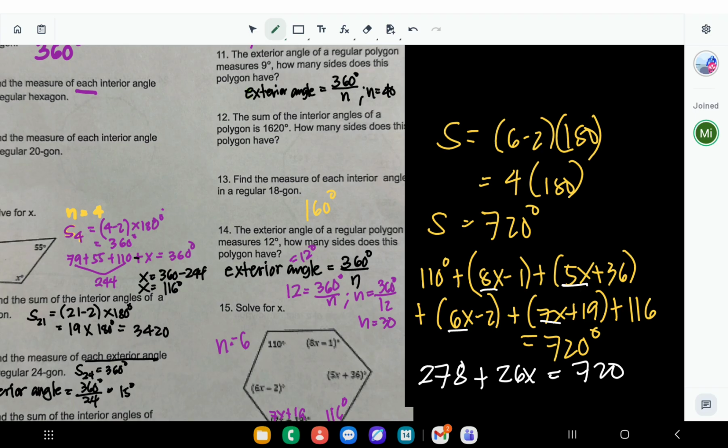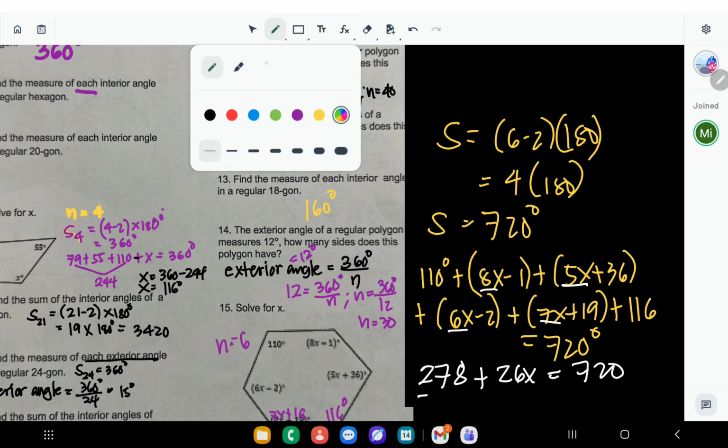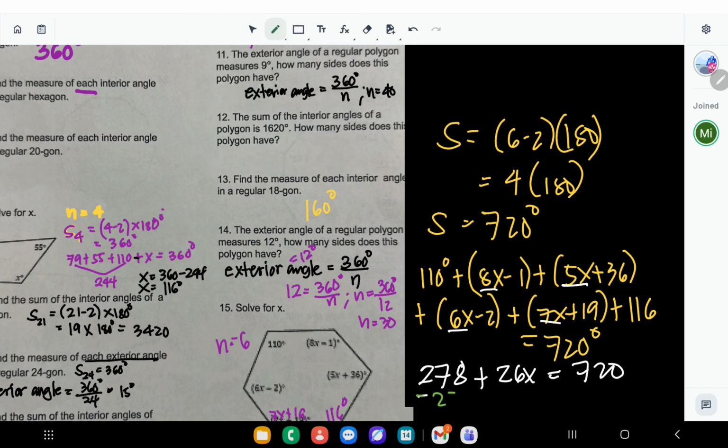110 minus 1 plus 36 minus 2. Yeah, it's 278. Okay, so we're on the right track. We subtract 278 from both sides.